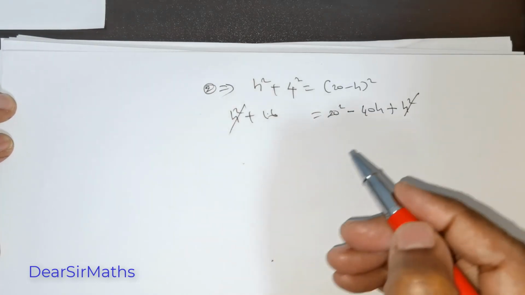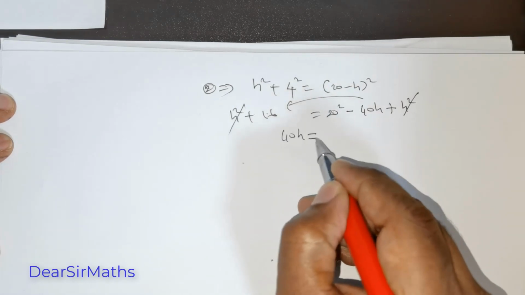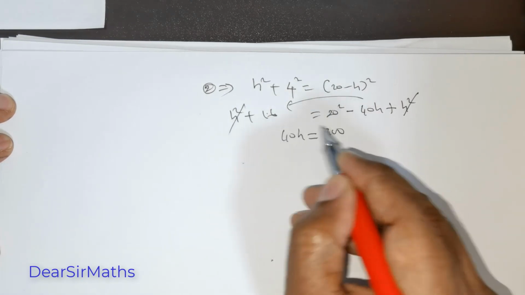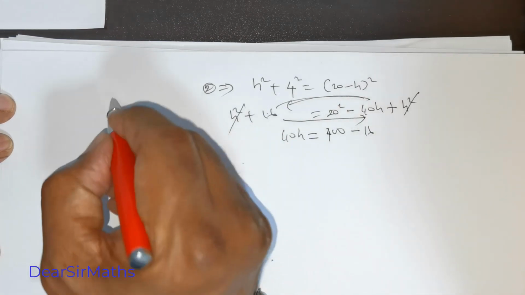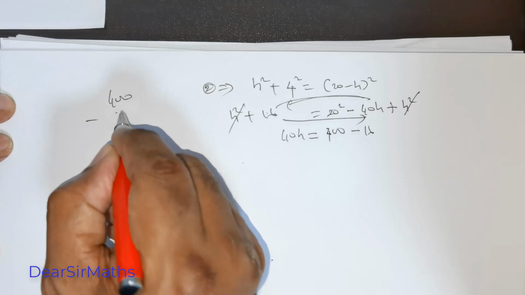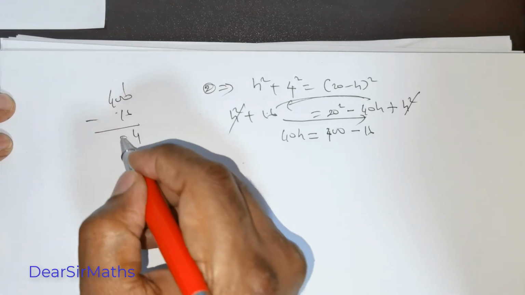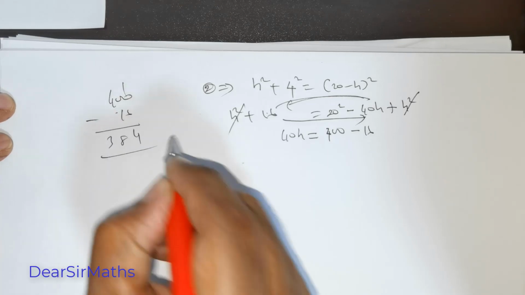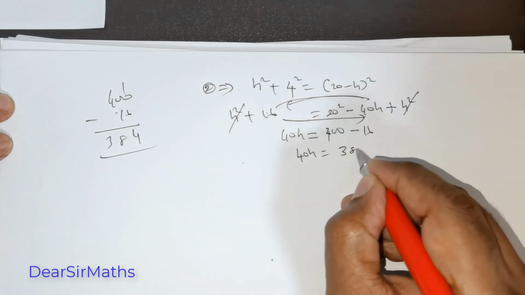So h squared gets cancelled. I can move 40h to this side, and 20 squared is 400. I move 16 to this side, so minus 16. So you get 400 minus 16, which is 384. So 40h is 384.